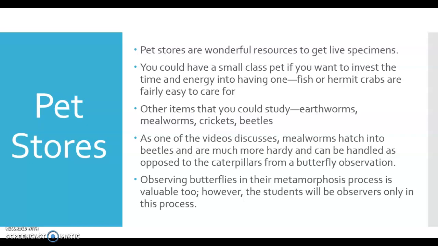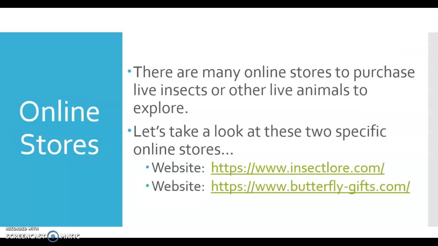Observing butterflies is very valuable too in that metamorphosis process, but that's something that they're going to have to observe, and they can't actually handle the caterpillars because they are fragile. Another thing you can do is go to some online stores. I have a couple links here of some stores that are really good to get insects.